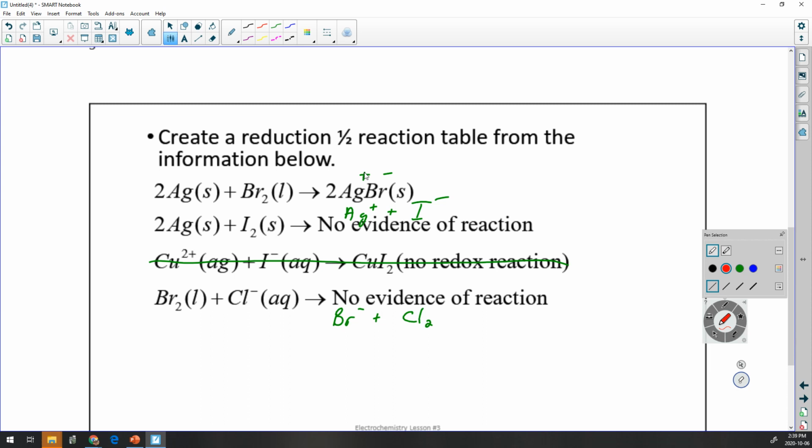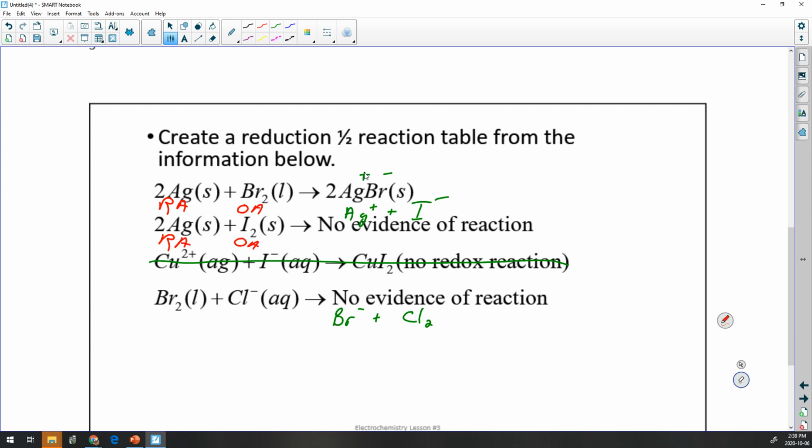So is the silver metal going to gain or lose electrons? So is it the OA or the RA? The silver is the RA because it loses electrons. It allows the other guy to steal them. The bromine is the oxidizing agent. Silver in this case is still going to be the RA.